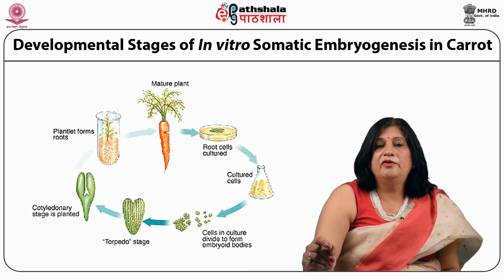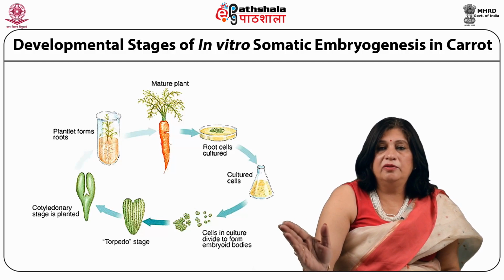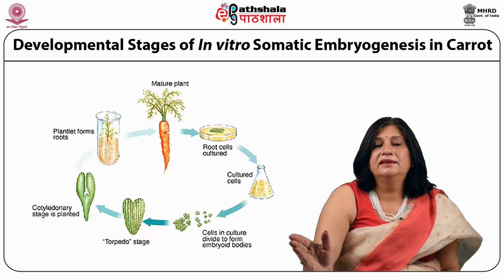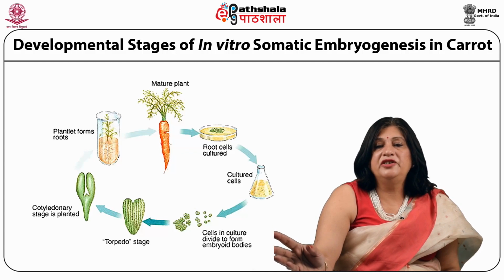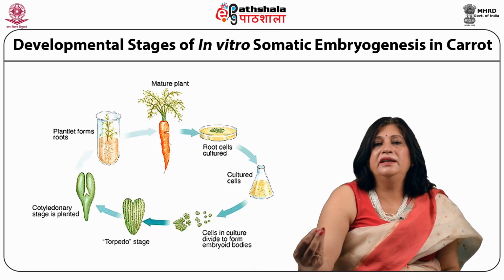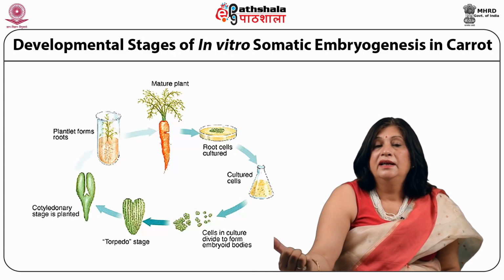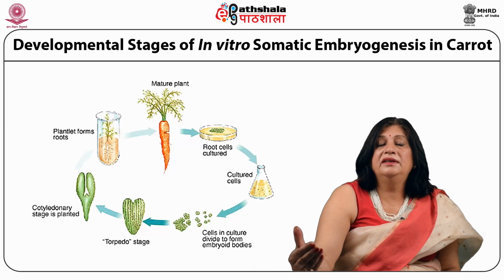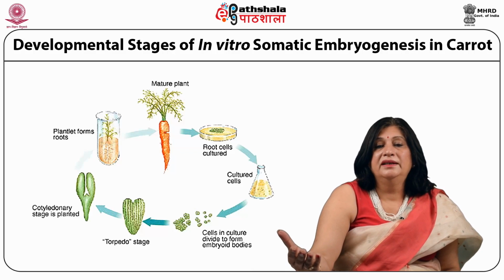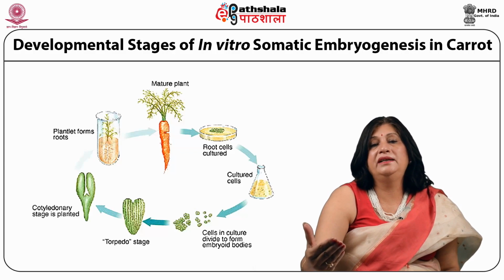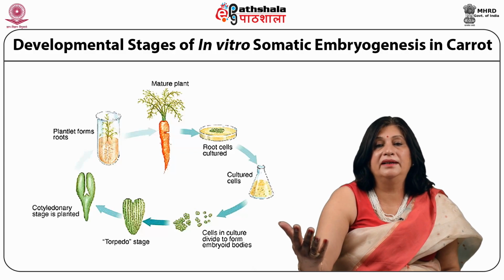So when you start from the carrot cells, you just take carrot and cut it into small pieces and thereafter you make a suspension culture. That starts growing, with callus formation which is then converted into suspension. And from that suspension, the embryo starts developing. And this is what it shows, that you have embryos, then the embryos mature and then they germinate and you get again a complete plant.